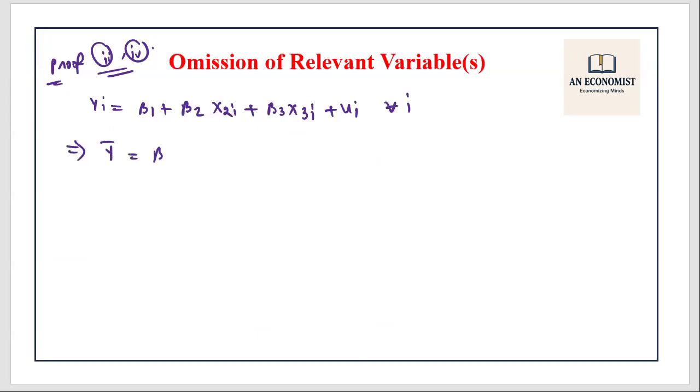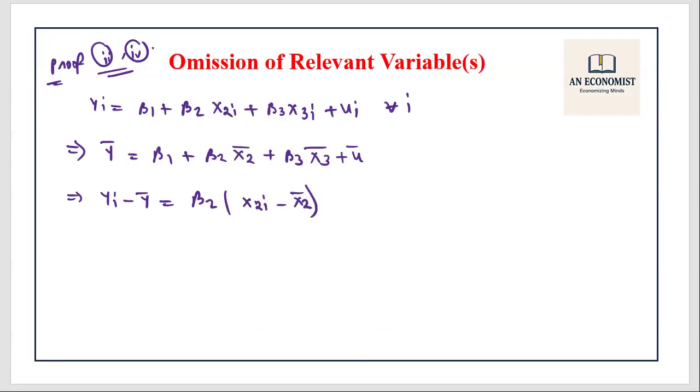To find the deviation form, we need y bar, which equals beta 1 plus beta 2 x2 bar plus beta 3 x3 bar plus u bar. Now if you subtract, yi minus y bar equals beta 2 times x2i minus x2 bar plus beta 3 times x3i minus x3 bar plus ui minus u bar, for all i.